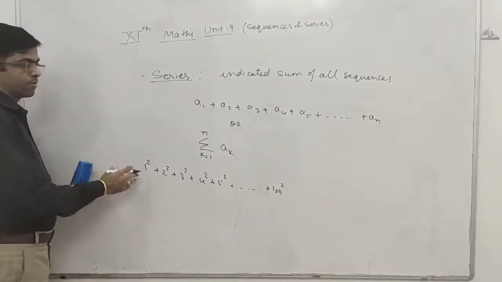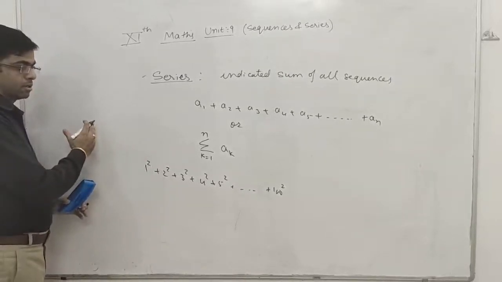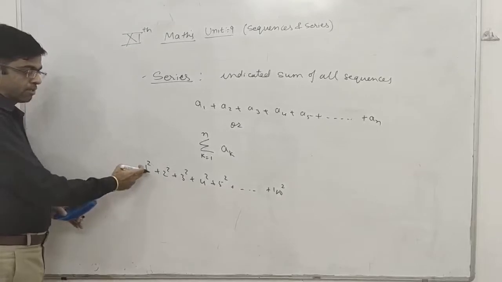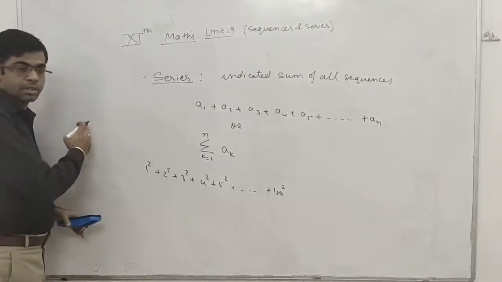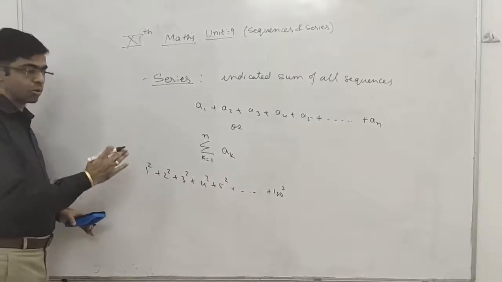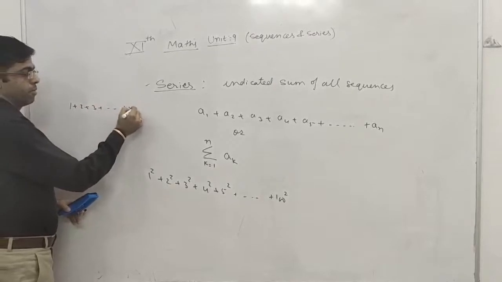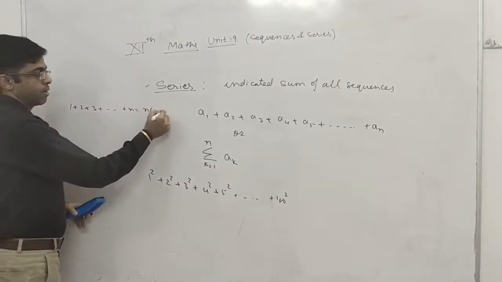You will study some formulas, like the sum of all the natural numbers, the sum of squares of natural numbers, and the sum of cubes of all natural numbers. You will study the sums of all these series in this chapter also.